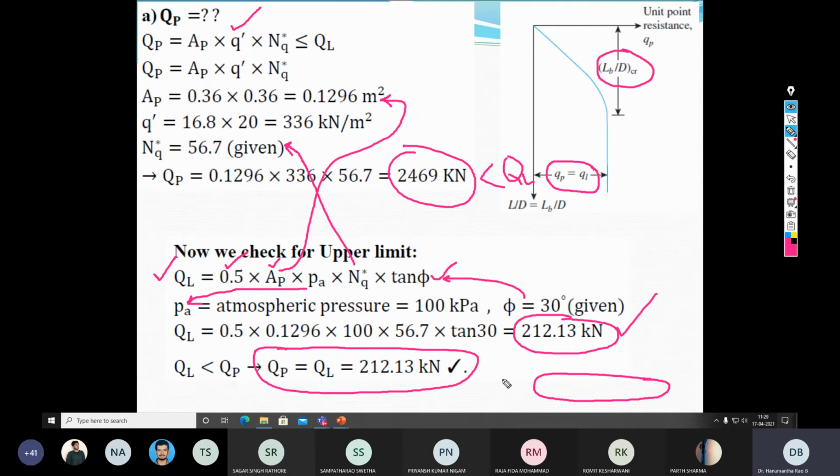This is simple and straightforward. Two equations are known. You need to pick up the parameters from the given table, substitute straight away, and you will get the point bearing resistance.